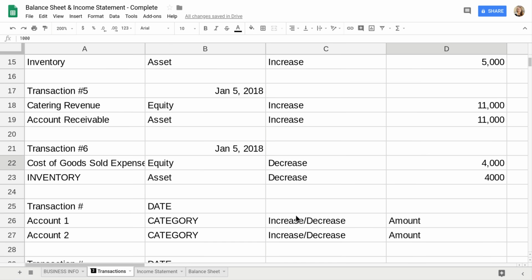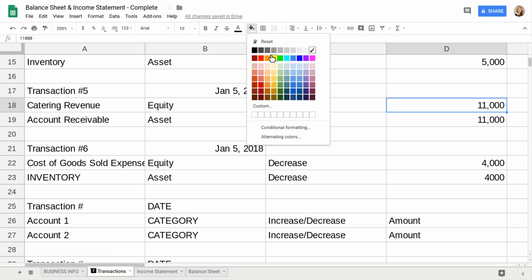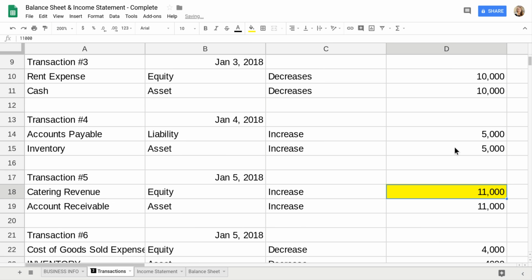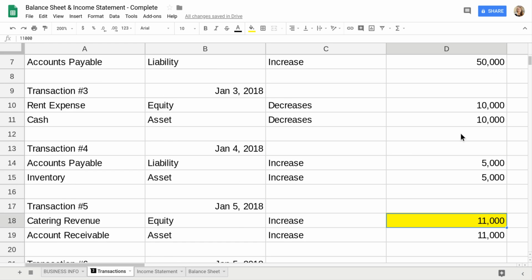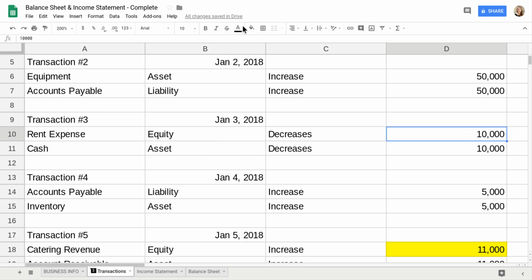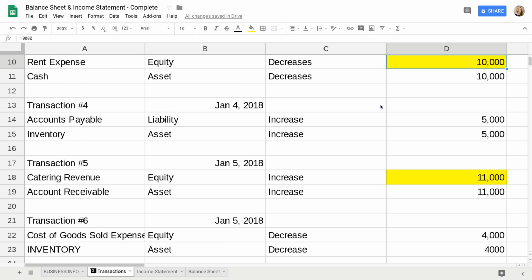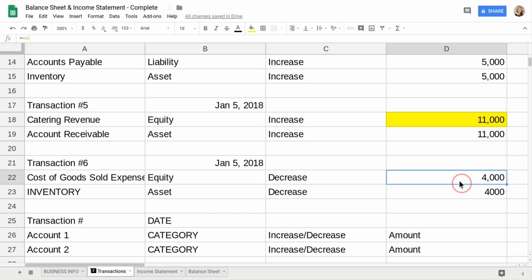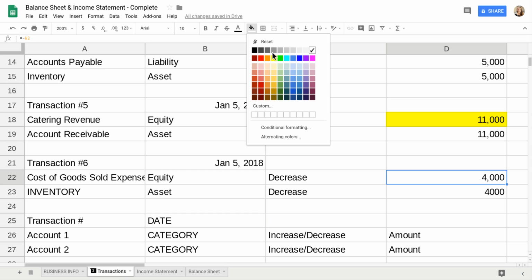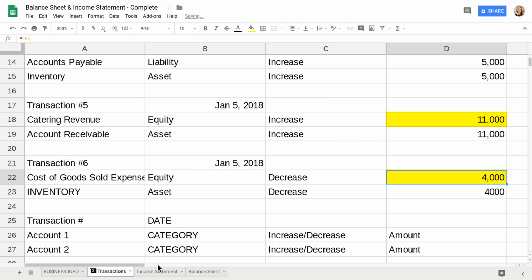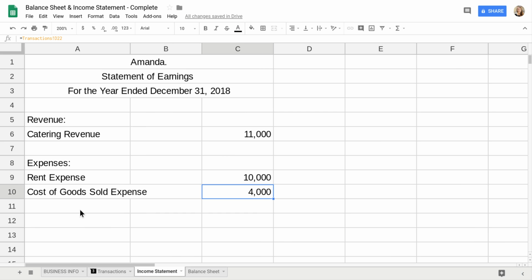What I would suggest that you do is as you're going through, maybe highlight the amounts that you have covered. So I've covered this one, and I got rent expense, catering revenue, cost of goods sold expense. So these are the ones that I've covered because we need to make sure all of these numbers go into either the income statement or the balance sheet.